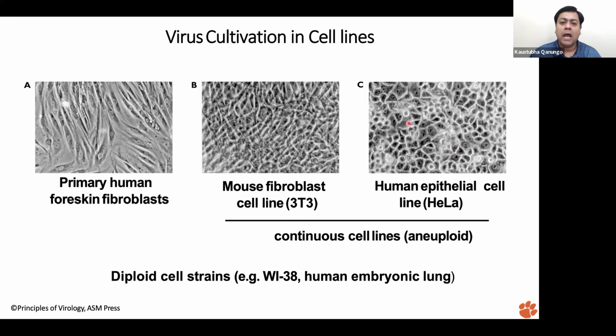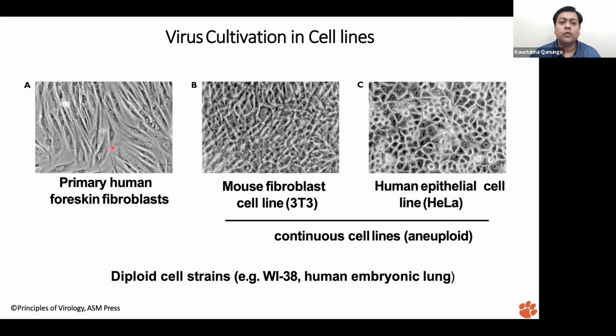Some of these cells grow in a monolayer, which means that you take a vessel or a flask and they grow in a single layer on that. Here, what we are looking at are fibroblasts, and you can see that these are single layers of cells that are growing. So you have a limitation of growing. You have to grow hundreds of flasks to have enough virus for your experiment.